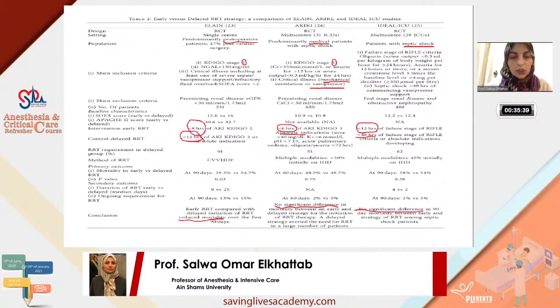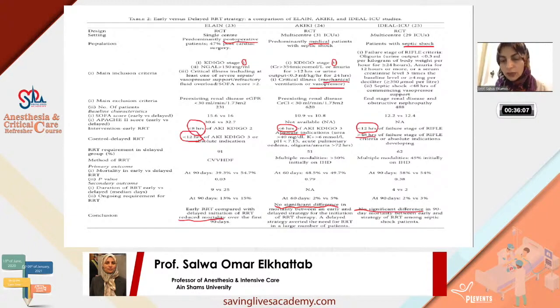Mortality was measured as 90-day mortality, 60-day mortality, or 90 days much more. The AKIKI study, the French one, found no significant difference between early versus delayed starting of RRT in acute kidney injury; the outcome was not different as regards mortality.